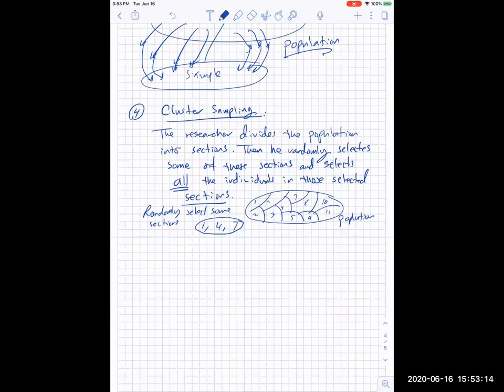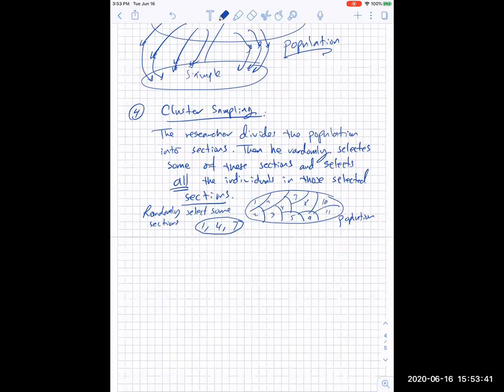Okay. All right, guys, these are the 4 types of sampling methods that I want to discuss. The book talks about other methods like convenience sampling. Convenience sampling is, of course, a non-scientific sampling method.